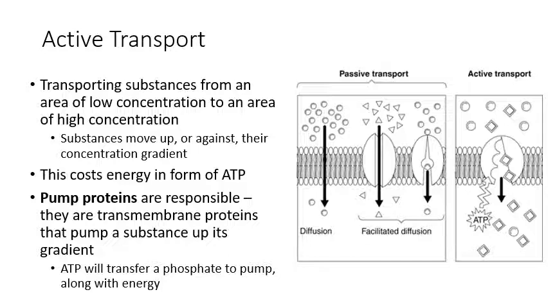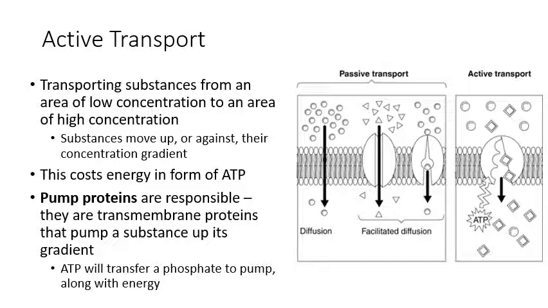Those tea molecules are never going to move back into that tea bag. If you were to try to make that happen, I don't know how you would do that, but it's going to cost energy. That's all I know for sure. So that would be more like active transport. Moving something backwards up against its concentration gradient is always going to cost energy.